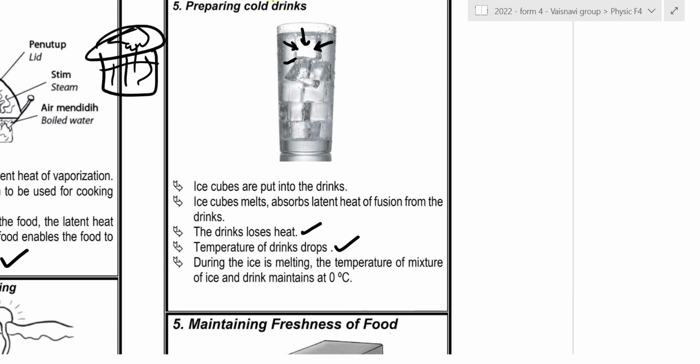During the ice melting, the temperature of the mixture of the ice and drink is maintained at 0 degree Celsius. ஏன்னா latent heat of fusion அப்ப temperature change ஆகாது, அதனால அது maintain.